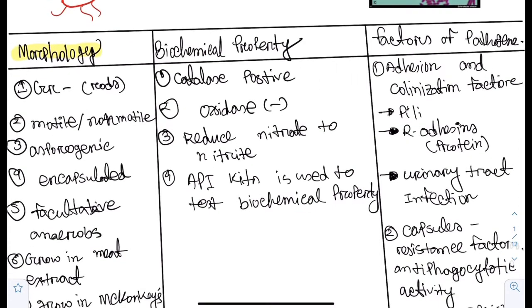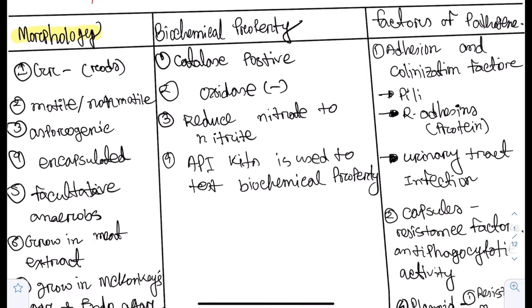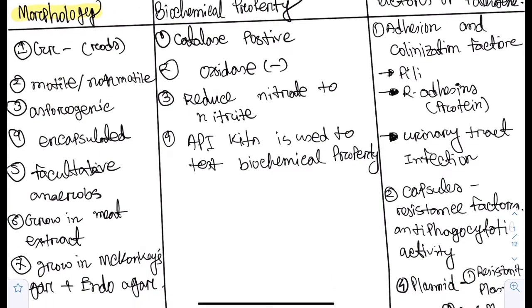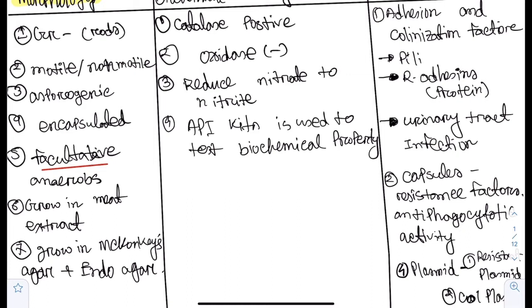Then we have the third feature, which is asporogenic, and the fourth one is that this bacteria is encapsulated, and then this bacteria is facultative anaerobe, which means that this bacteria could survive with oxygen and also without oxygen. So 50-50 situations. And this bacteria actually grows in raw meat, as we can see here.